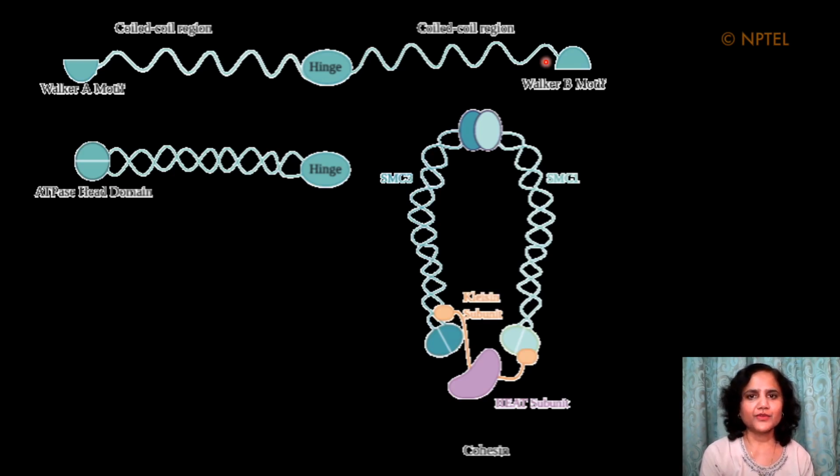The SMC proteins can associate via the hinge region, and their head domains, as I already mentioned, are bridged by this kleisin subunit, and this therefore closes the ring formed by this complex.